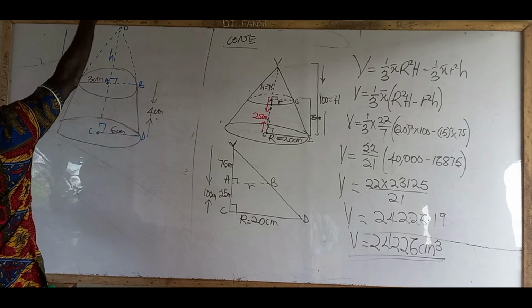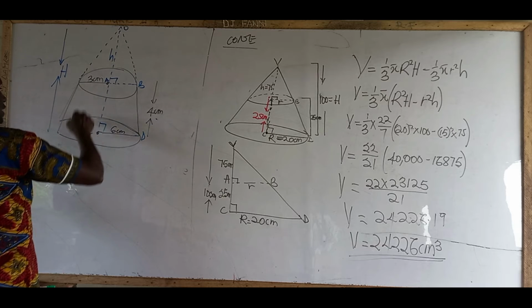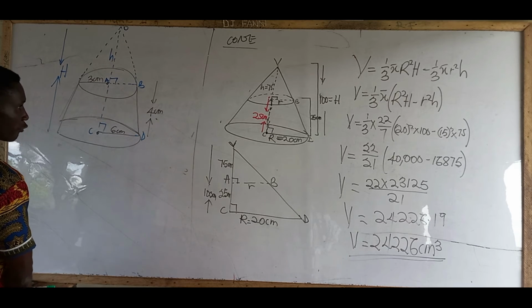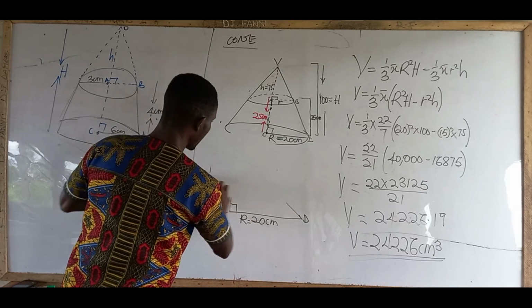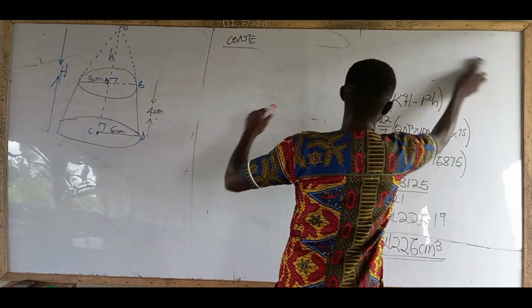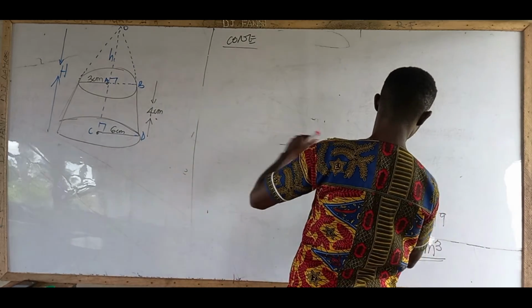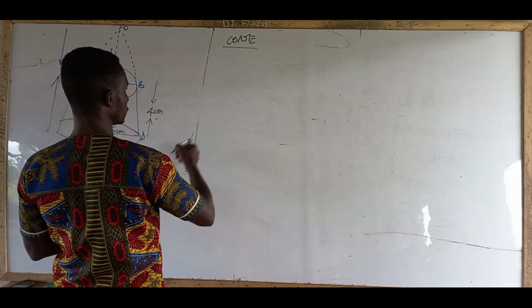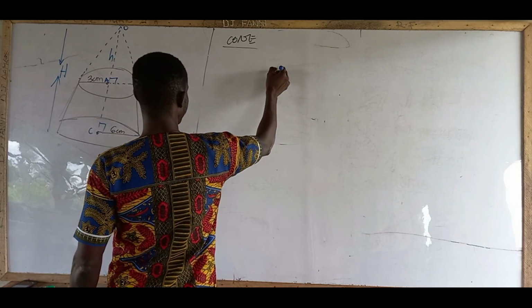So the whole height of the bigger triangle OCD will be h plus 4. If I come to this side to calculate it, I will redraw it.